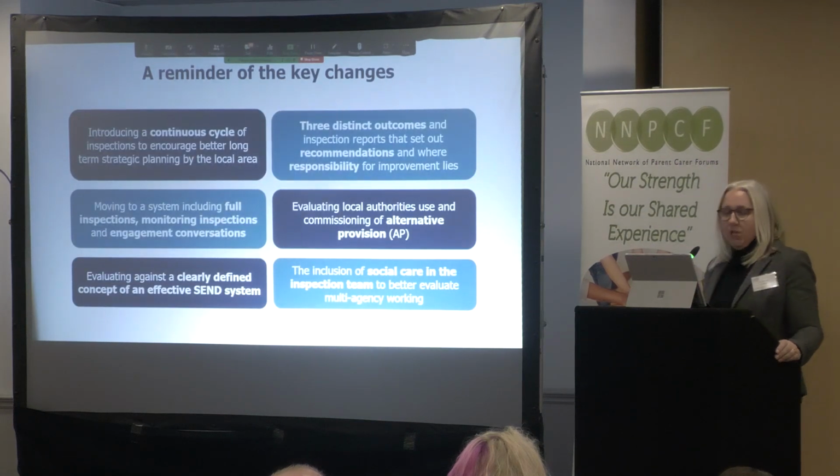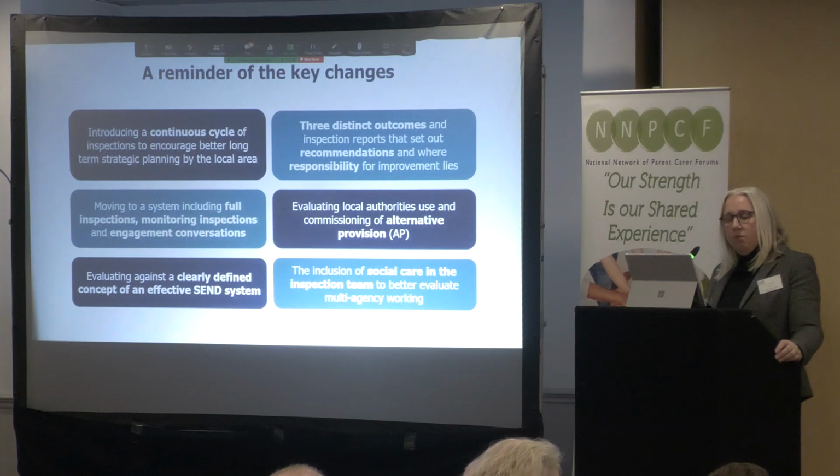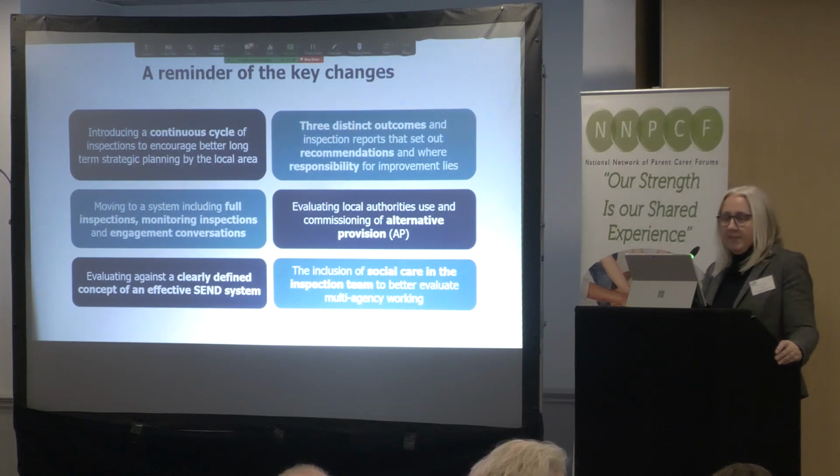Some of the key changes, as we've said, are that continuous cycle, and focusing inspections more on the experiences of children and young people with SEND and their families. We're strengthening our response when we have concerns by introducing more frequent monitoring visits and perhaps an earlier re-inspection.